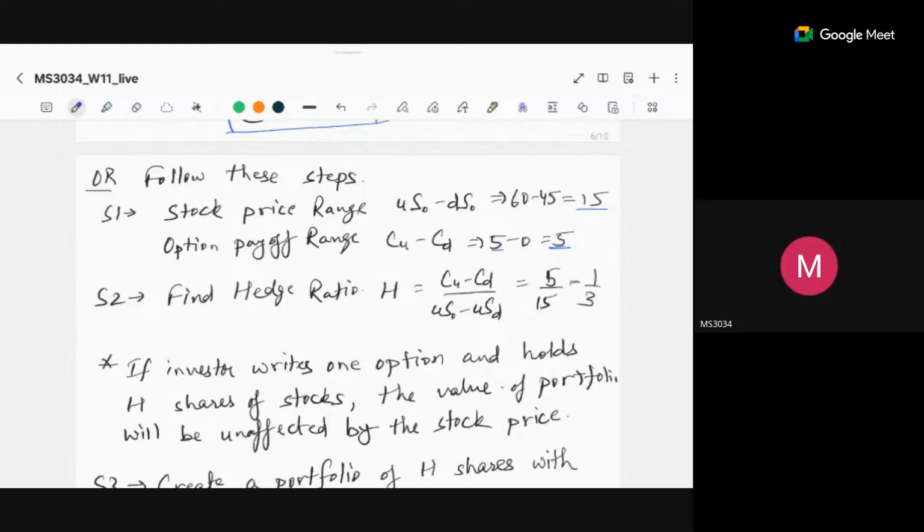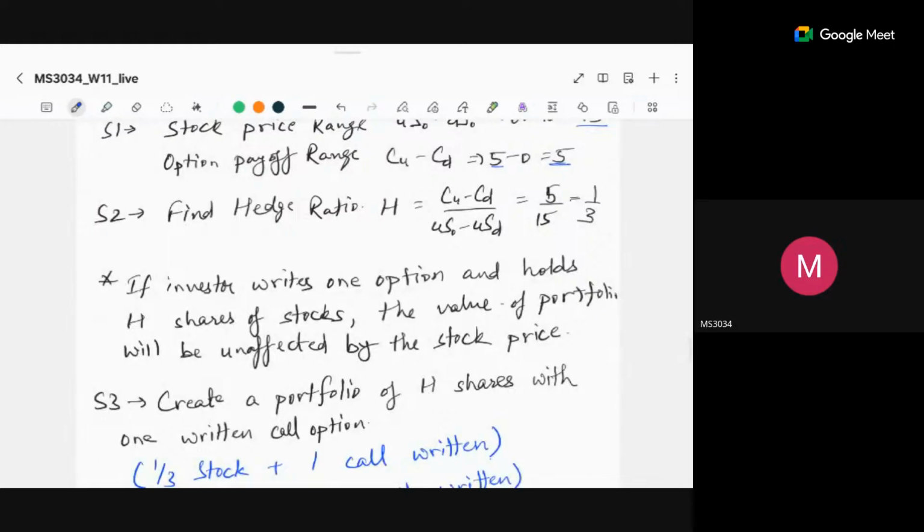And what does this hedge ratio mean? If an investor writes one call option, that means he sells one call option, and holds H amount of stocks, then the resulting portfolio's value will be unaffected by the stock price.